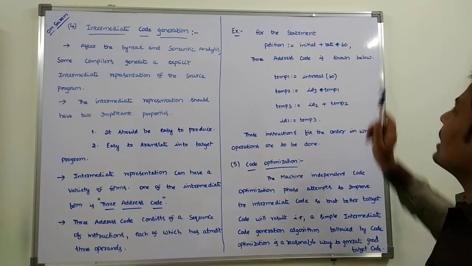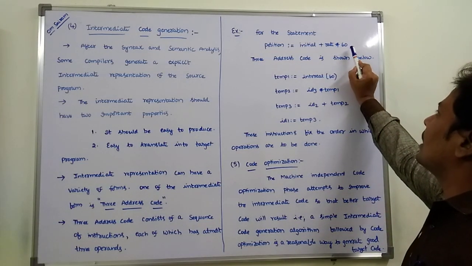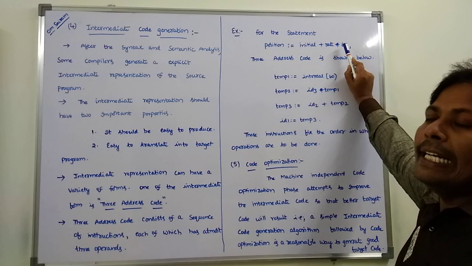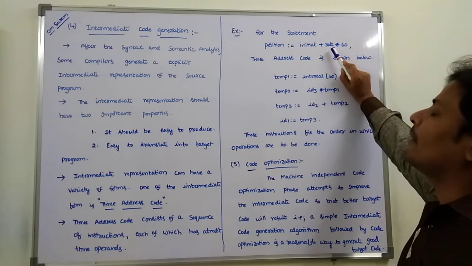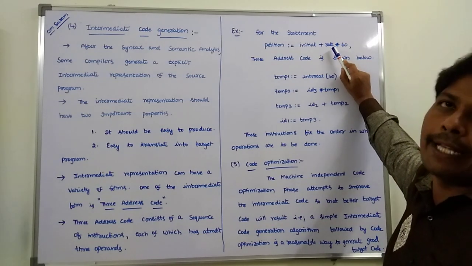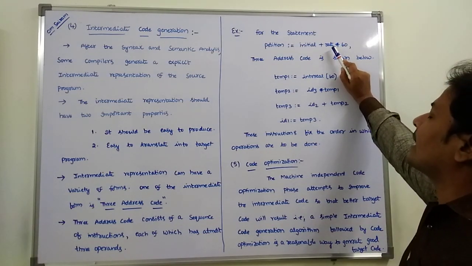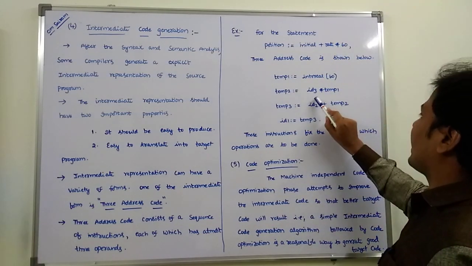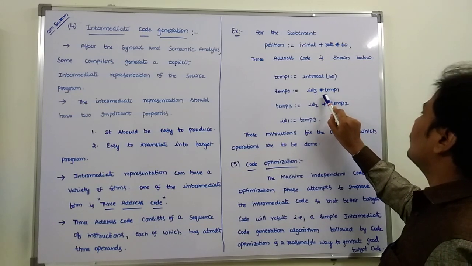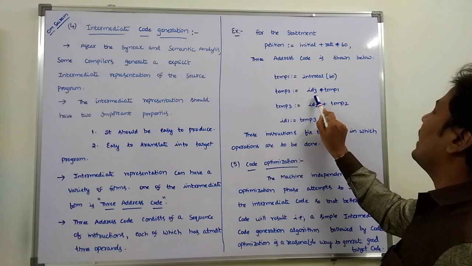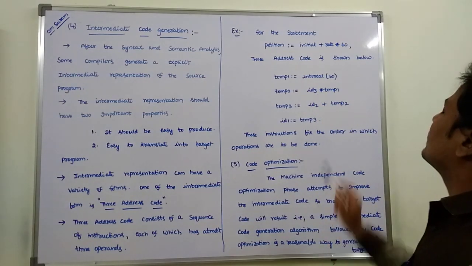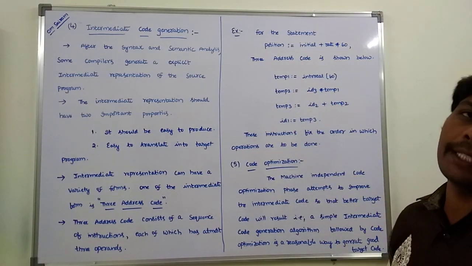Second, after converting the integer 60 into real, it can be multiplied with the identifier rate. The identifier rate can be treated as ID3. So ID3 into temp1 can be assigned to temp2.